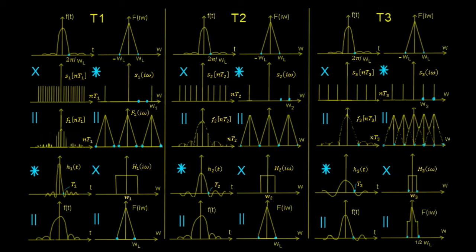So it means that the sampling frequency here actually is less than twice the highest frequency content omega L.